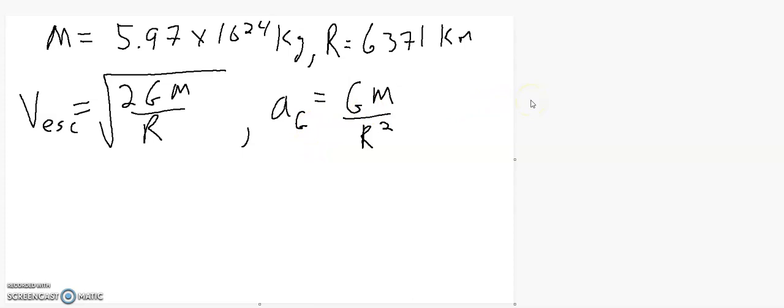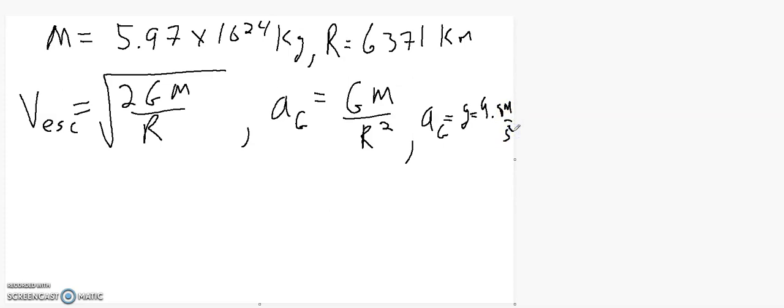We know the acceleration due to gravity on the surface of the Earth. It actually has a special symbol. The acceleration due to gravity on our wonderful planet is called little g. It's got its own symbol, and the value of it is 9.8 meters per second squared. I should have given myself more room.